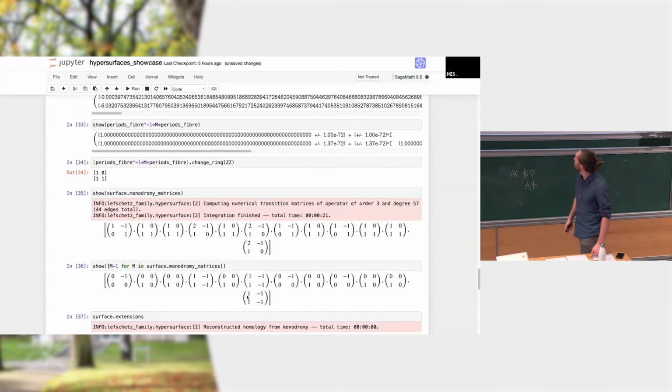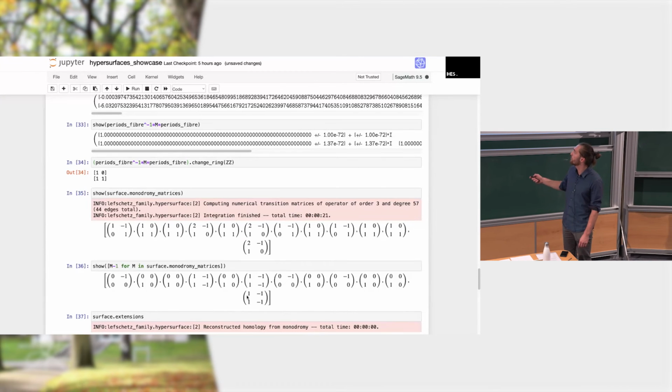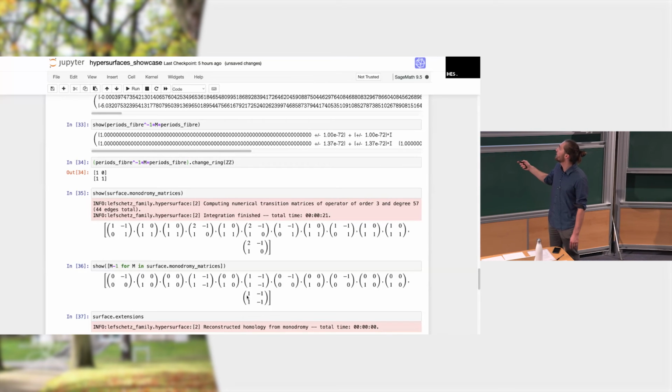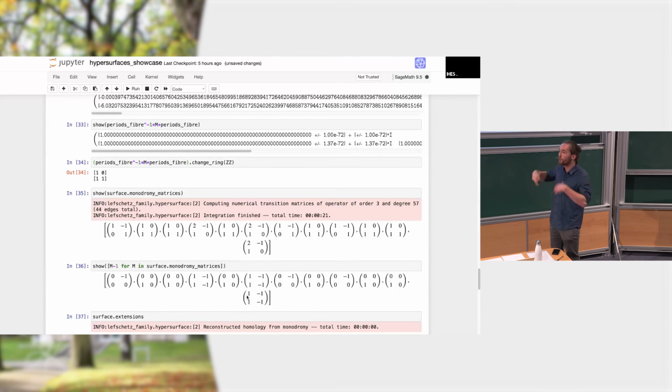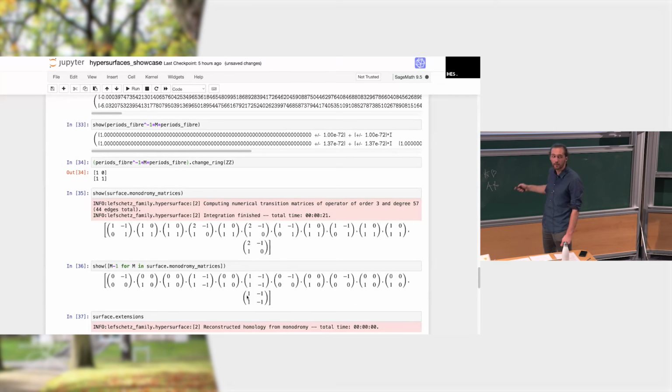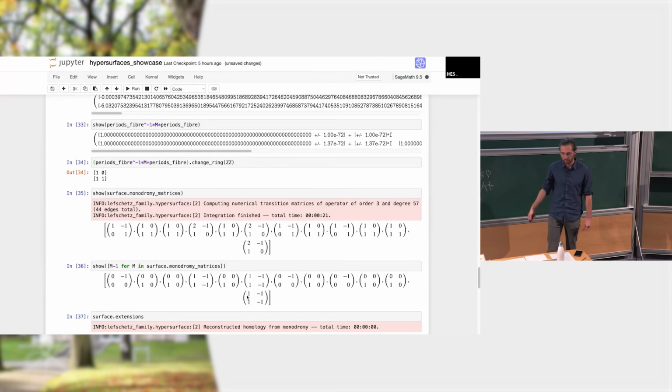I mentioned that there was one thimble per critical value. This is something you can see because the border of the thimble is given by the monodromy of the starting cycle minus the initial cycle. So it's going to generate the image of this monodromy matrix minus the identity, and this is something you can see here. All of this has rank 1.